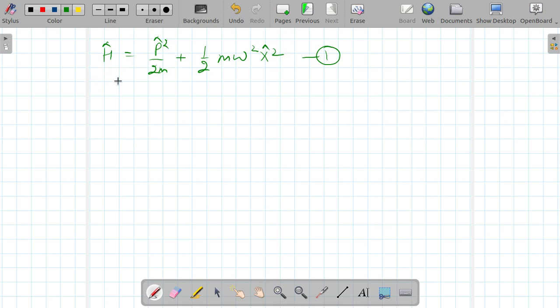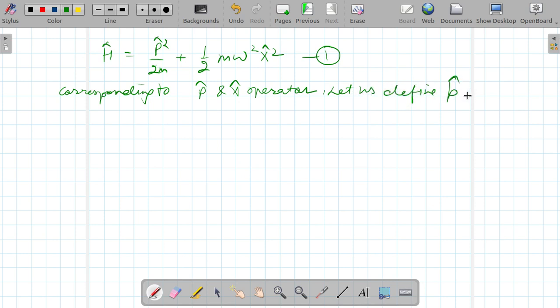So corresponding to these operators p and x, let us define new operators P and Q which are dimensionless and Hermitian, because it's better to deal with numbers rather than some physical quantity.